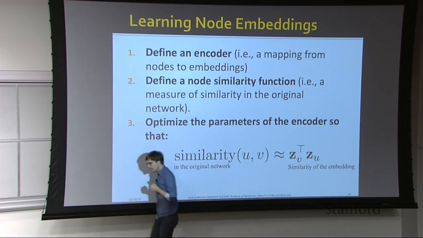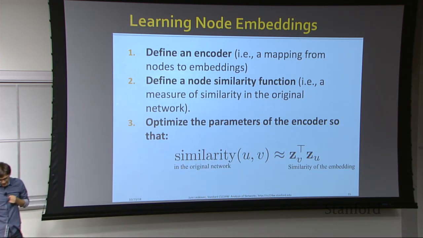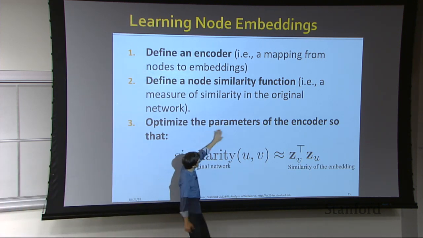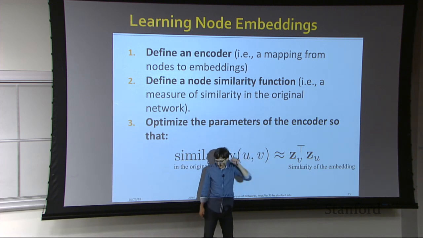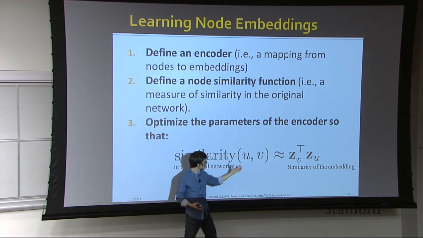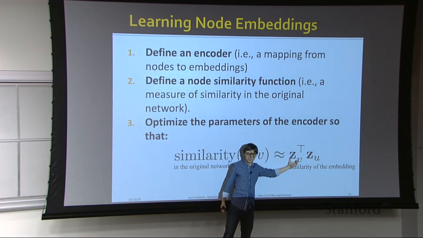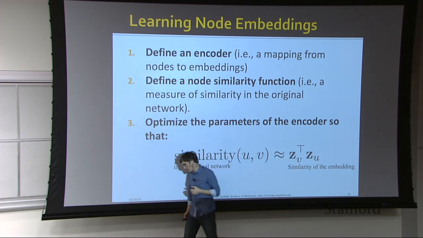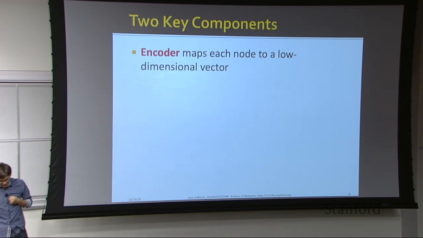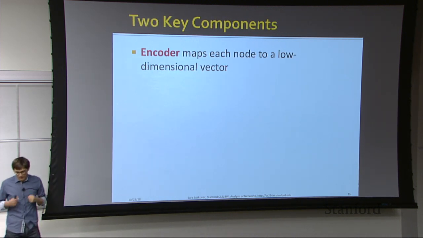Okay? Now, here is how we are going to think about this, right? So here I said optimize the parameters of the encoder. This may seem as if that encoder is this magic function that takes the node and produces the coordinates. And for us, we will consider a very simple case of encoders. So let me tell you how our encoder will look.